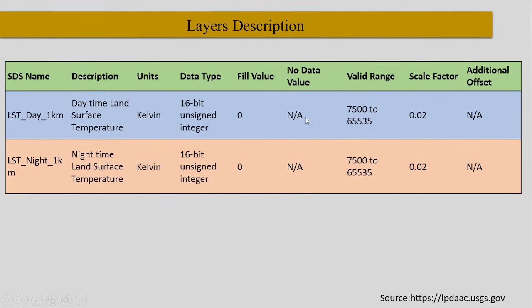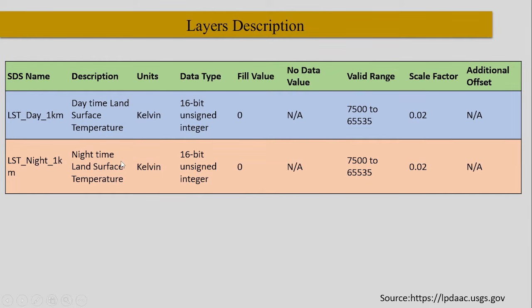The valid range of the Kelvin data is from 7500 to 65535, because the data is 16-bit. The scale factor is 0.02. The night time land surface temperature has the same attributes as the daytime one. The LST daytime layer covers the daytime land surface temperature, and the night layer covers the night time land surface temperature.